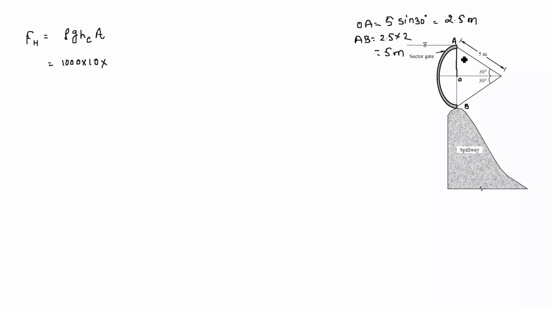Now the center of pressure for this AB will be at the middle, so hc will be 5 by 2.